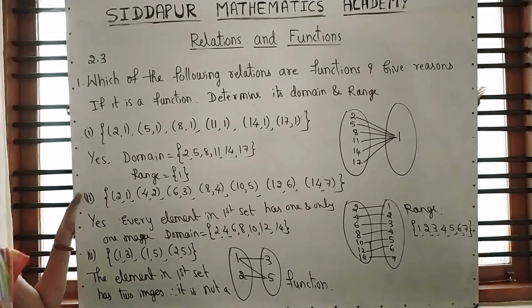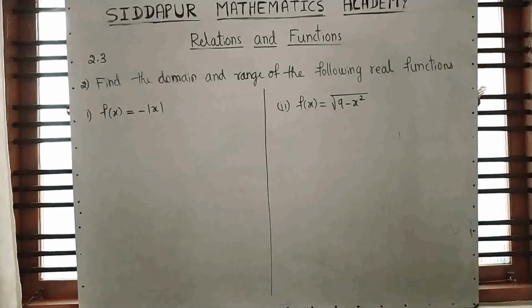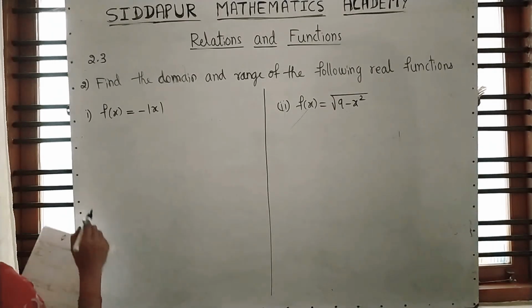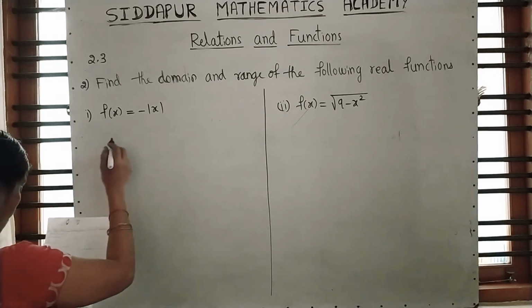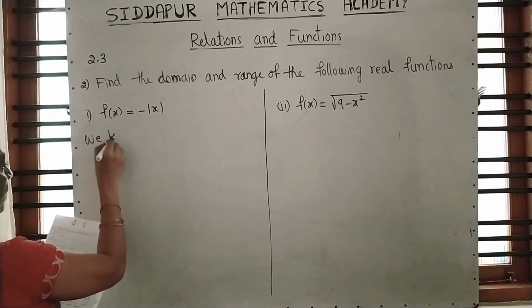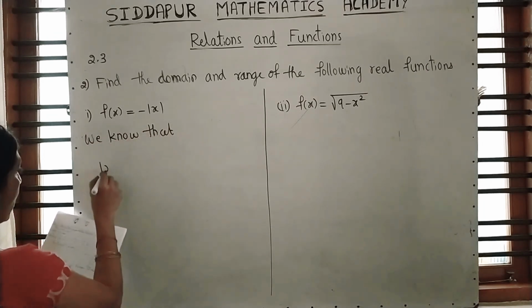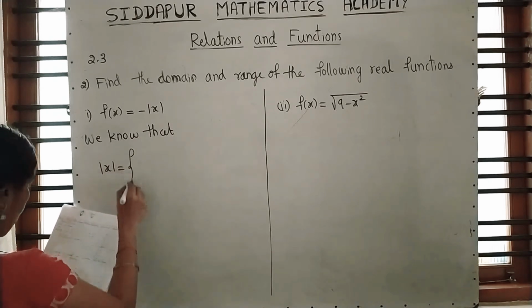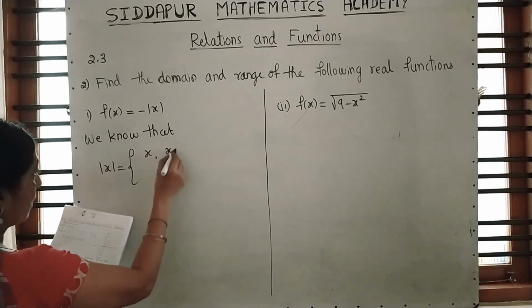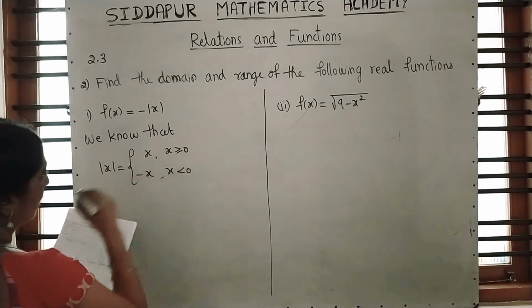Moving to the next question. Here, moving to the second question, find the domain and range of the following real functions. f of x is equal to minus of mod x. We know that mod x definition is x if x is greater than or equal to 0, minus x if x is less than 0.